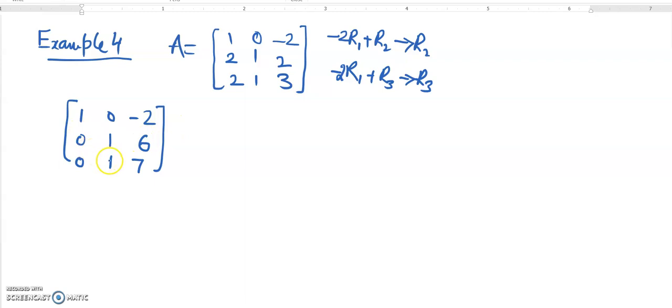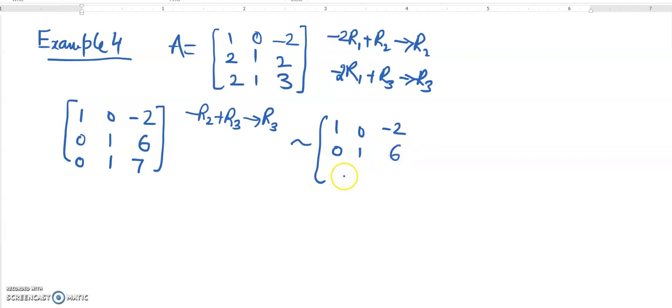Now what row operation will I apply to make it into the echelon form? Minus r2 plus r3, that will be r3. So what I will get is 1 0 minus 2, 0 1 6 and then 0 0 1. So what I have got is an echelon form.